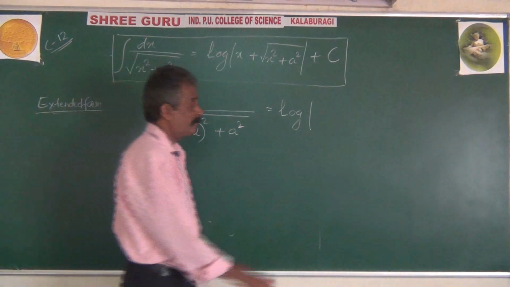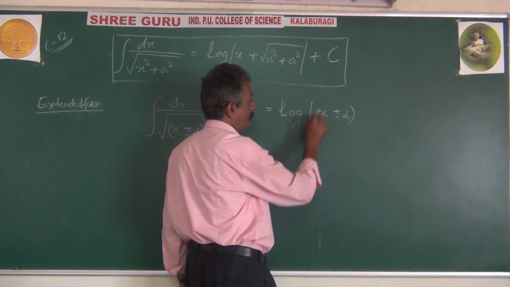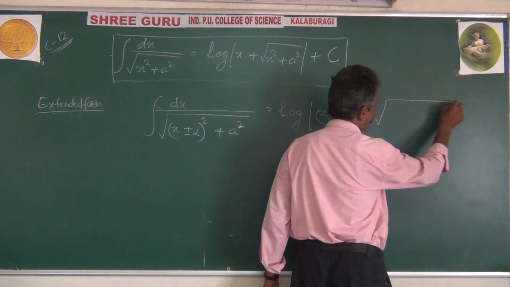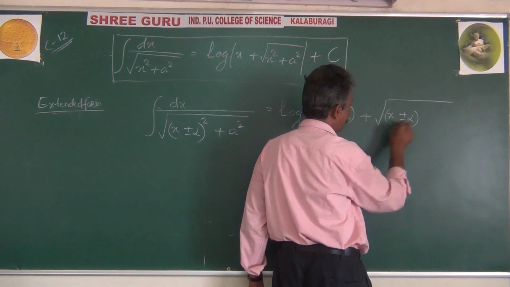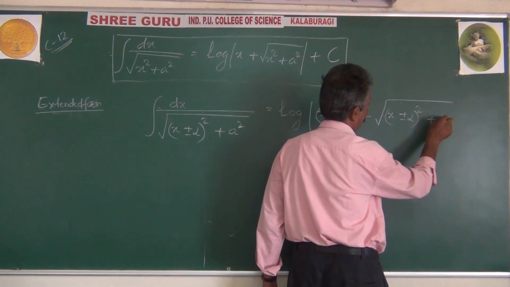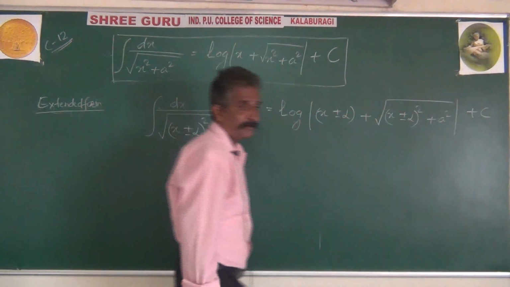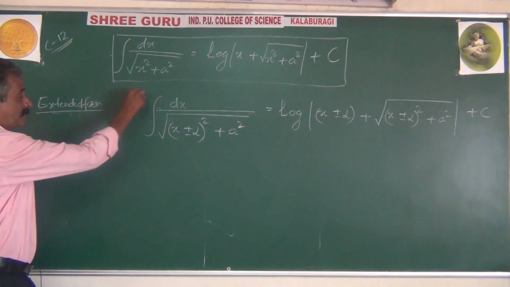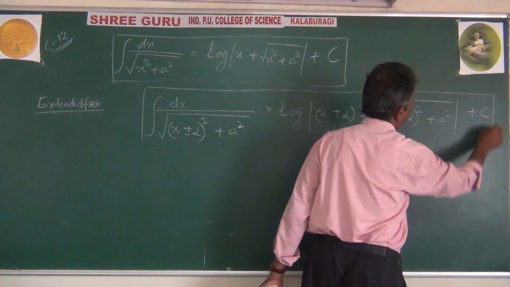That is log of modulus of x plus or minus alpha plus square root of x plus or minus alpha whole square plus a square. This is an extended form of the last theorem, that is theorem number 3. This also, better highlight.